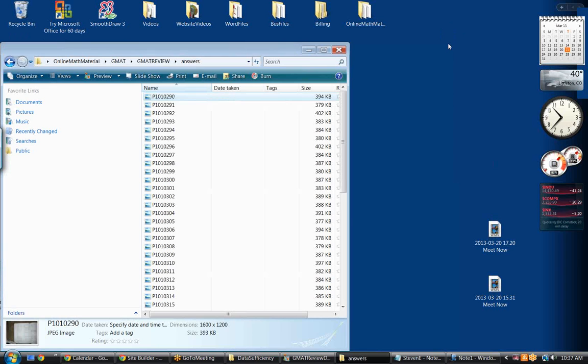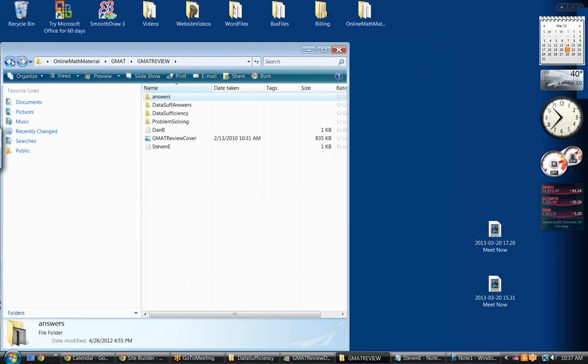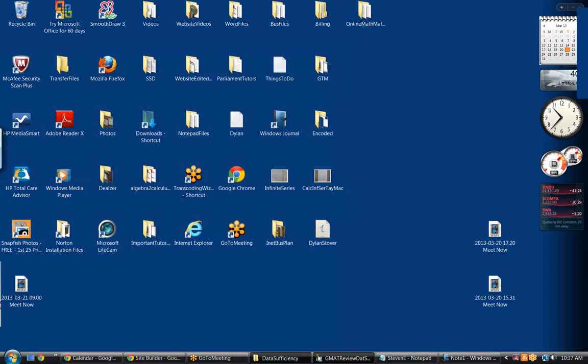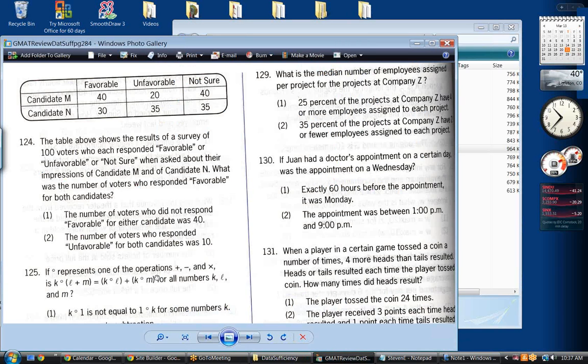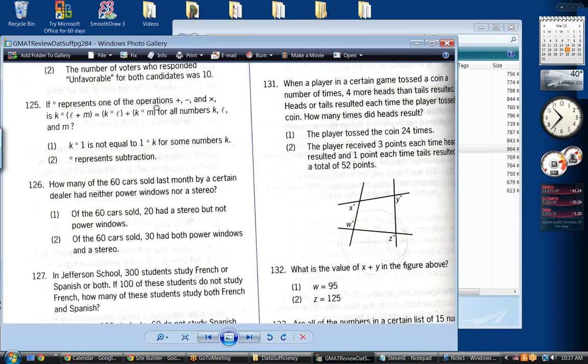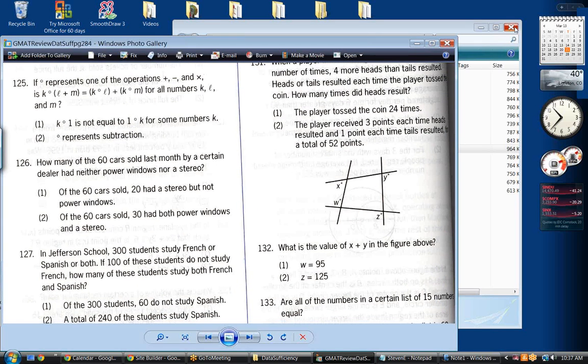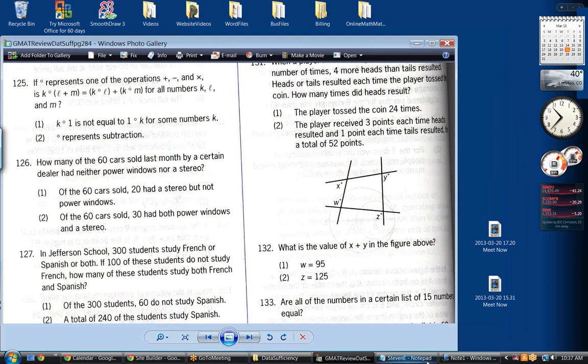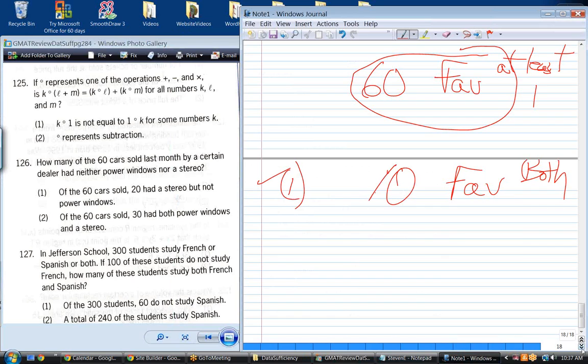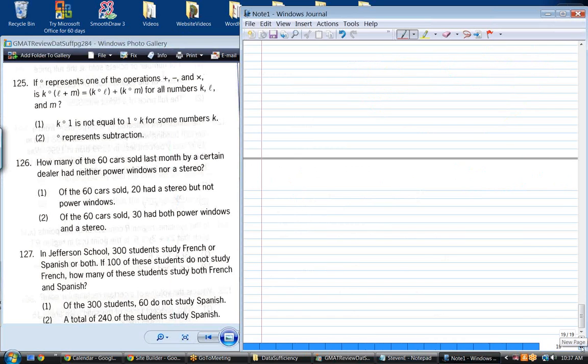Yeah, starting at 186. All right, I guess I don't have answers up to 132. So let's go on. Okay. I'm going to just go on to 125 here. Yeah.